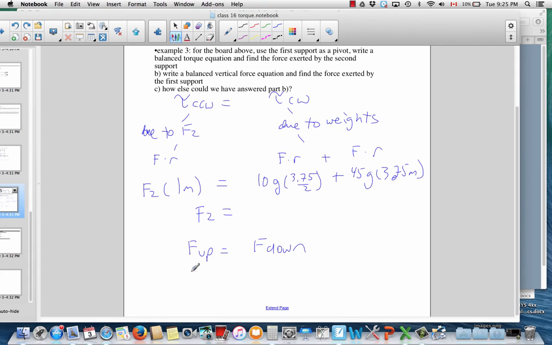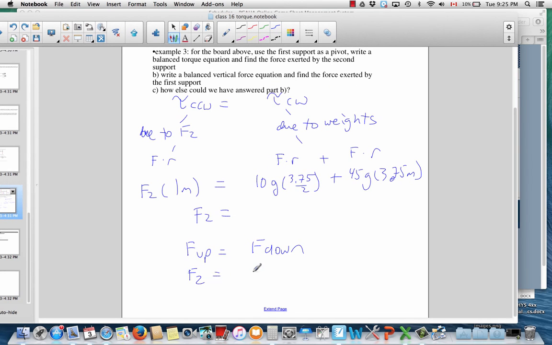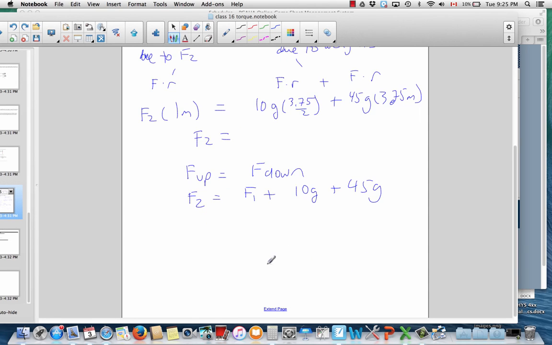So forces up are F2 and forces down are F1, 10G, and 45G. And then we can solve this equation for F2, F1. Solve the torque equation for F2, put it in here, and then find the value of F1.